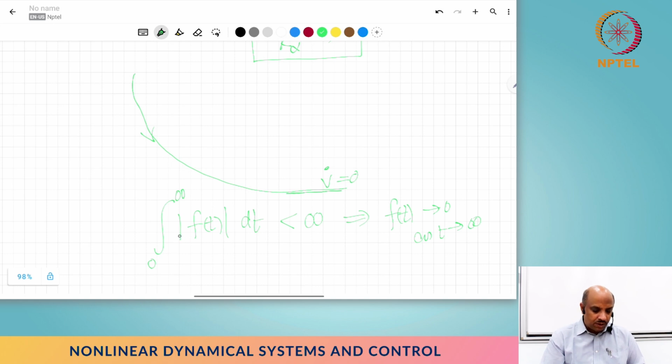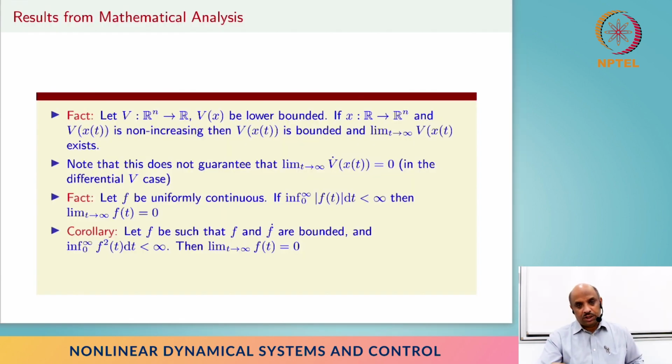Then you can clearly see that this integral is not going to be bounded at all, because at some point it's very close to that number, and then you can integrate from that time onwards. The absolute value is going to be more than 0, and therefore you will not get this result. On the other hand, even if it is oscillating, the same conclusion can be drawn, right? But you can actually construct functions which are not uniformly continuous, in which case the limit is not going to be 0, right? Only in the case of uniform continuity do we get this property, right?